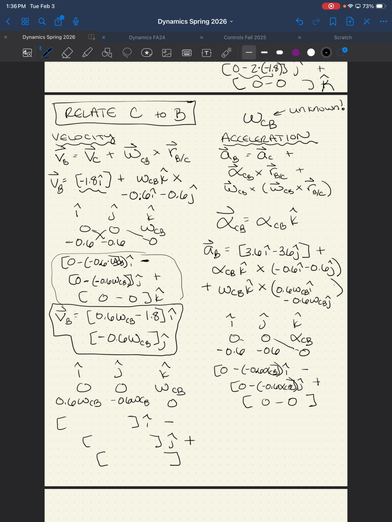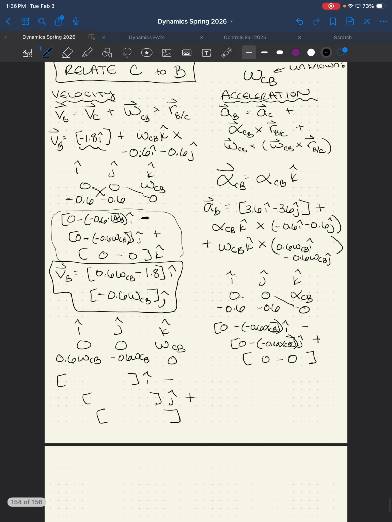Minus 3.6 minus 0.6 alpha CB plus 0.6 omega CB squared j hat. Okay. Oof. Lots of algebra.